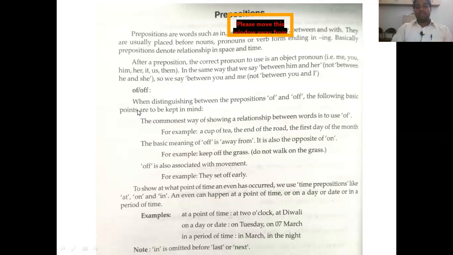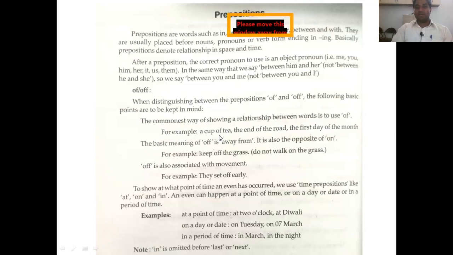When distinguishing between the prepositions of and off, the following basic points can be kept in mind. The first is that the commonest way of showing a relationship between words is to use of. For example, a cup of tea.